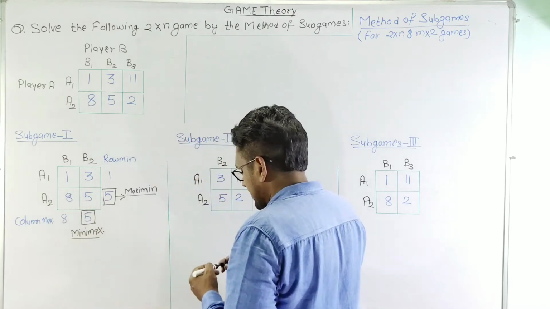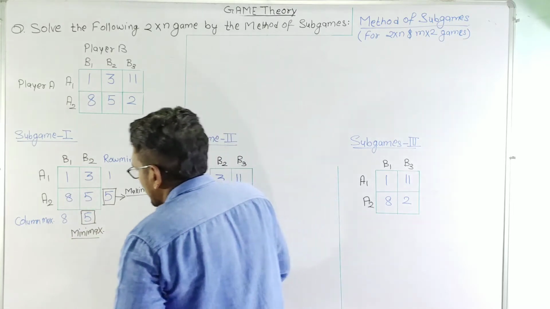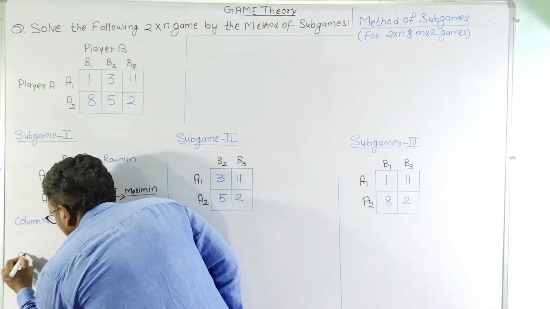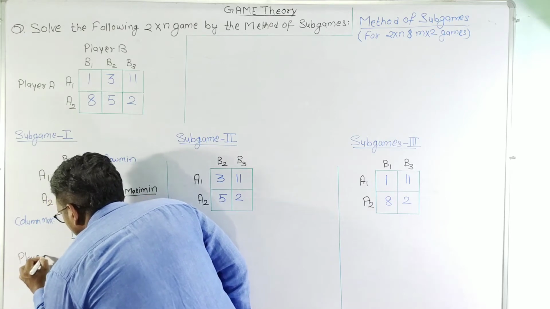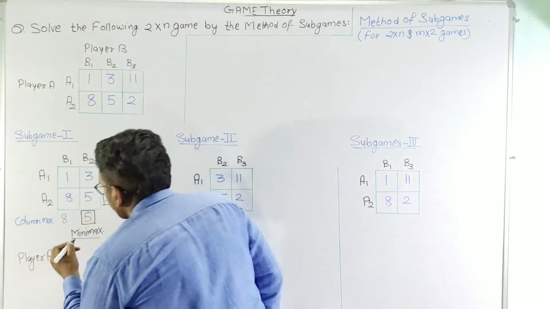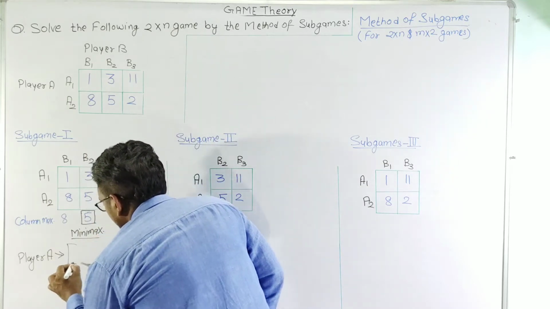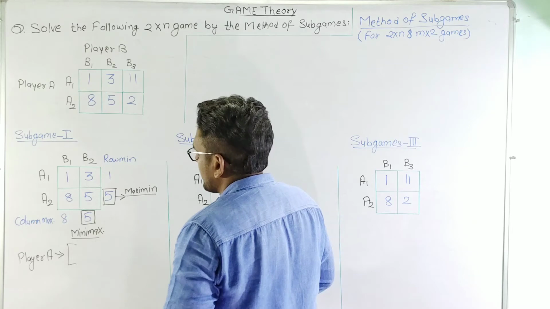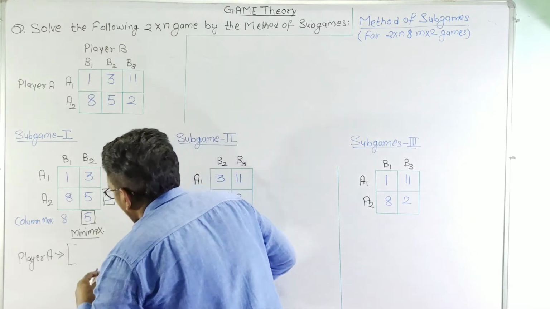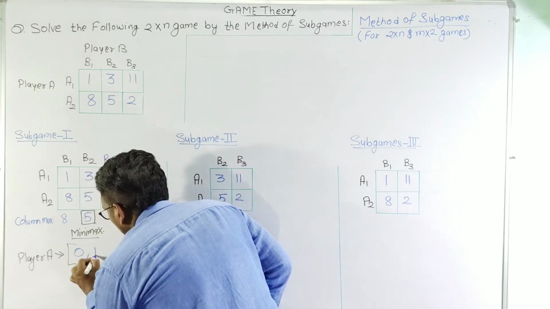Okay, so we can say here that player A will play strategy A2 100% of the time, or we can say that player A will play strategy as 0 and 1.